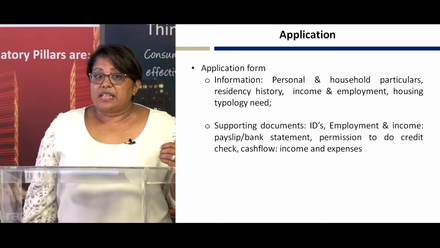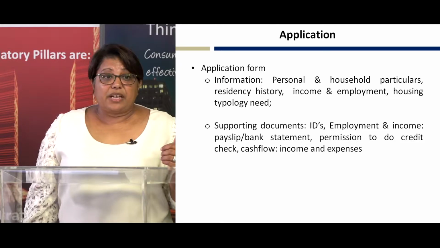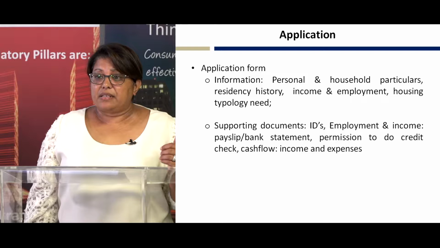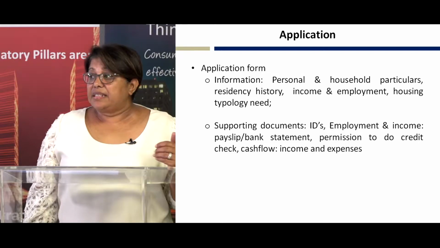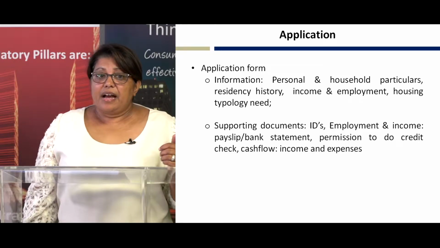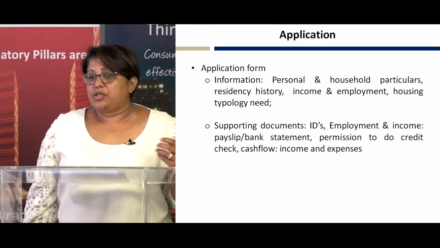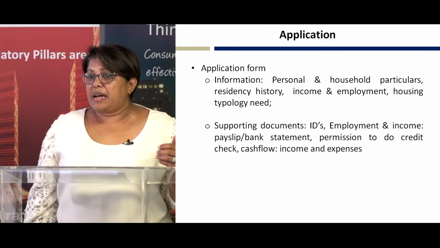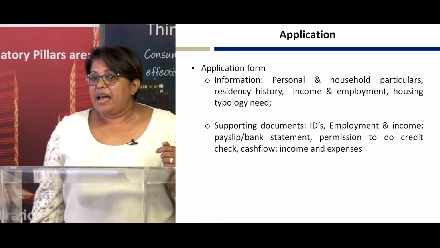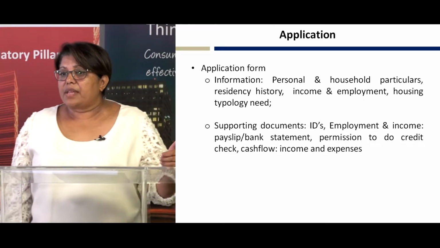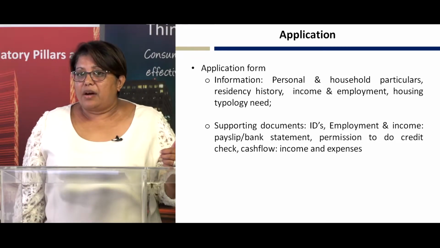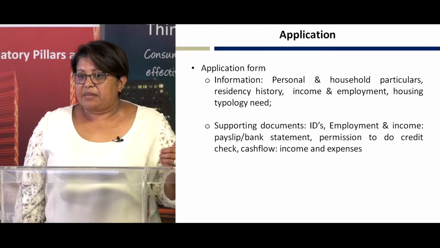The information essentially that you would require at the application stage is personal information of the household and the applicant particularly, their residency history, their income and employment. So you want to check the stability of that person's income and their affordability. And you would also want to establish what the housing need is of that person.